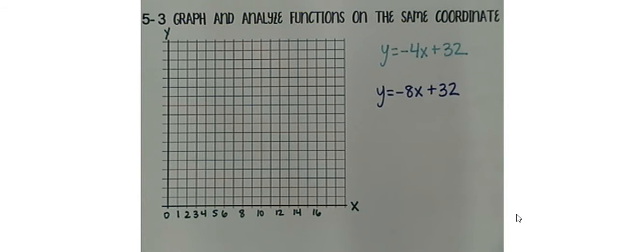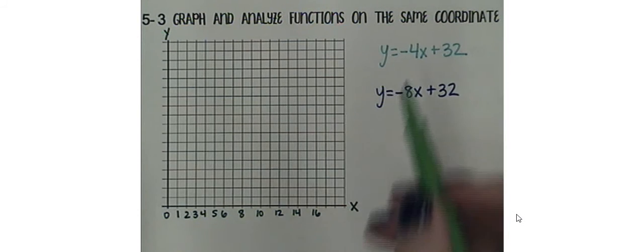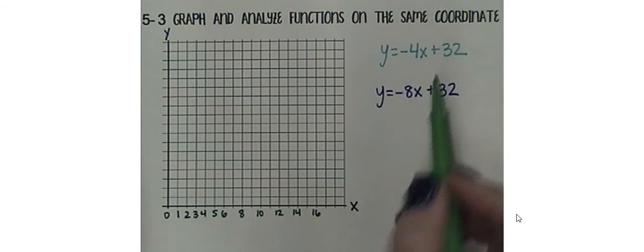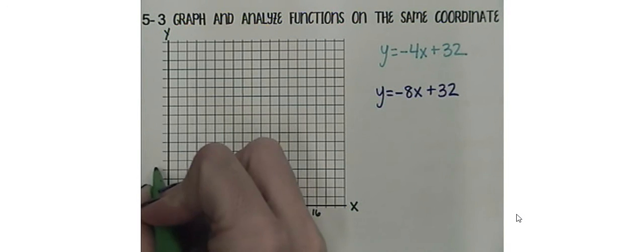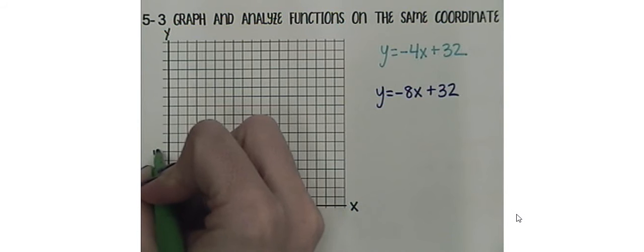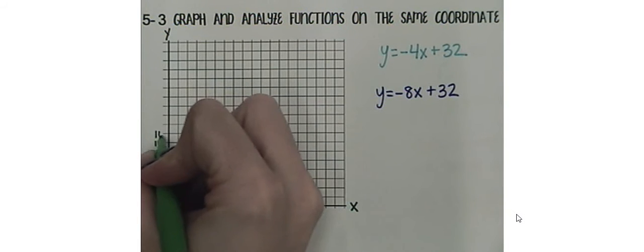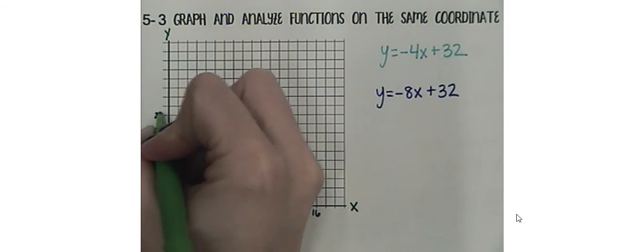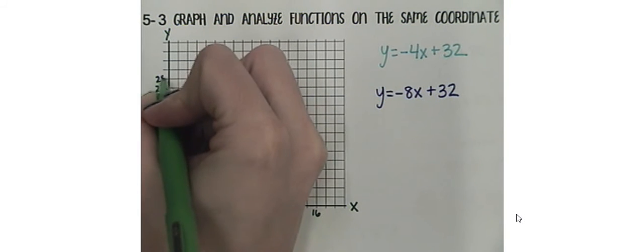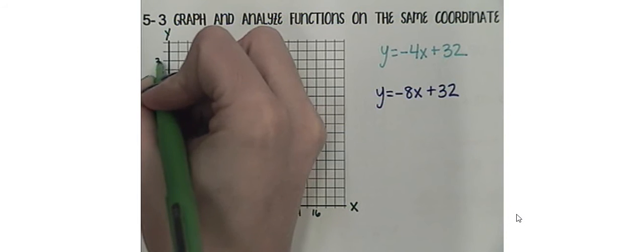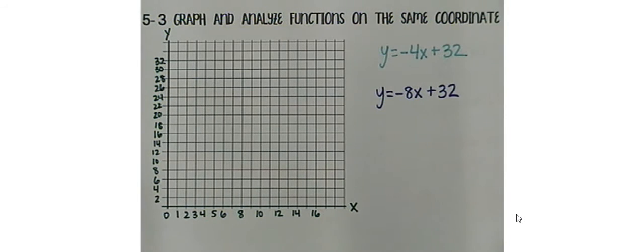And just so my graph is kind of spread out and looks nice, I'm going to go up by 2s. We could go up by 4s, but I have enough room to go up by 2s. So 2, 4, 6, 8. All the way up to 32 because that's my y-intercept or my starting point.